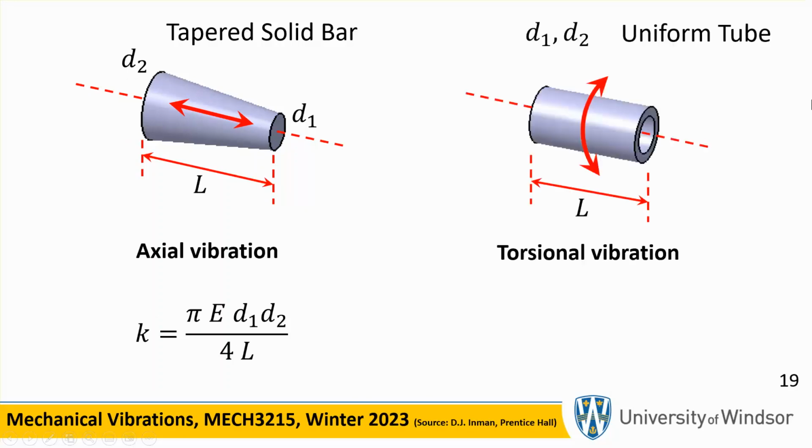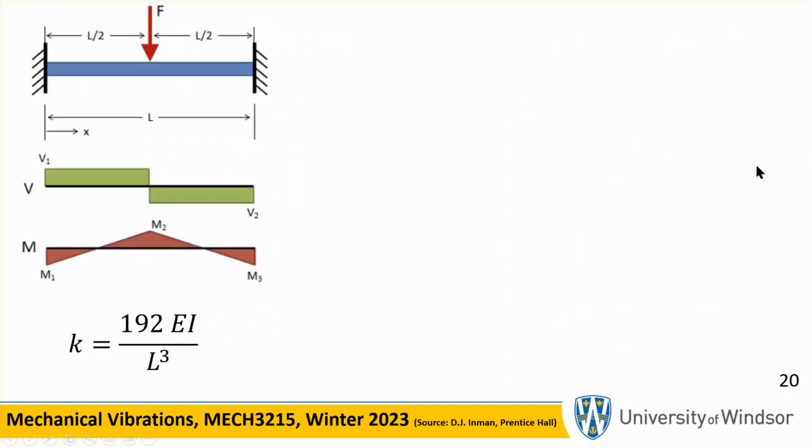That's the first row of that table. Then the next one is the uniform bar, inner and outer diameters D1 and D2, torsional vibration. That's the second row of that table, and that doesn't surprise you because we have already seen G D to the 4 over 32L.